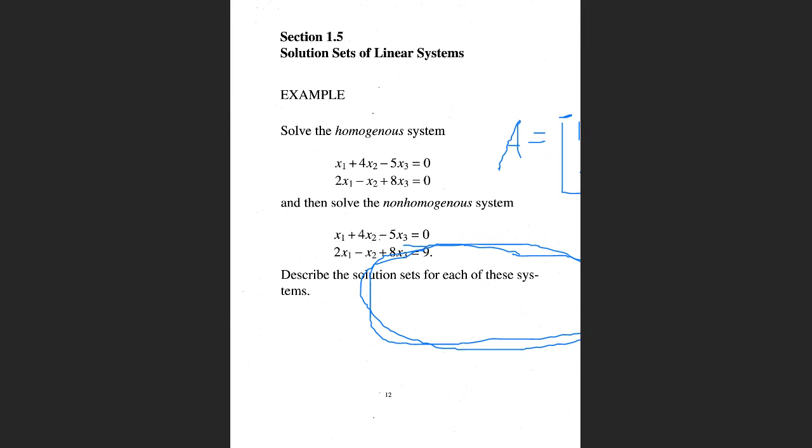Okay. Now I'm going to put another thing up here, a vector b. I'm going to call that vector b, 0 and 9. So the non-homogeneous system, what would its matrix equation be?